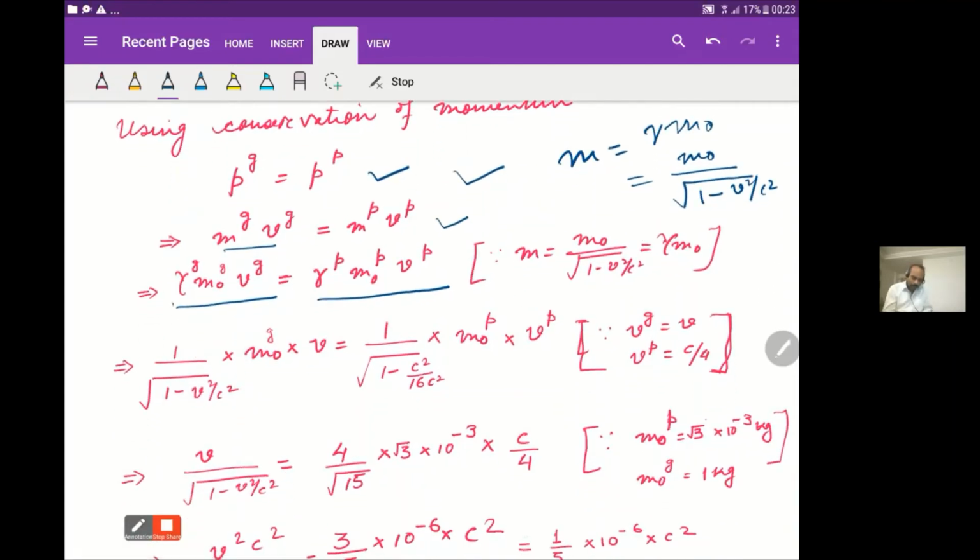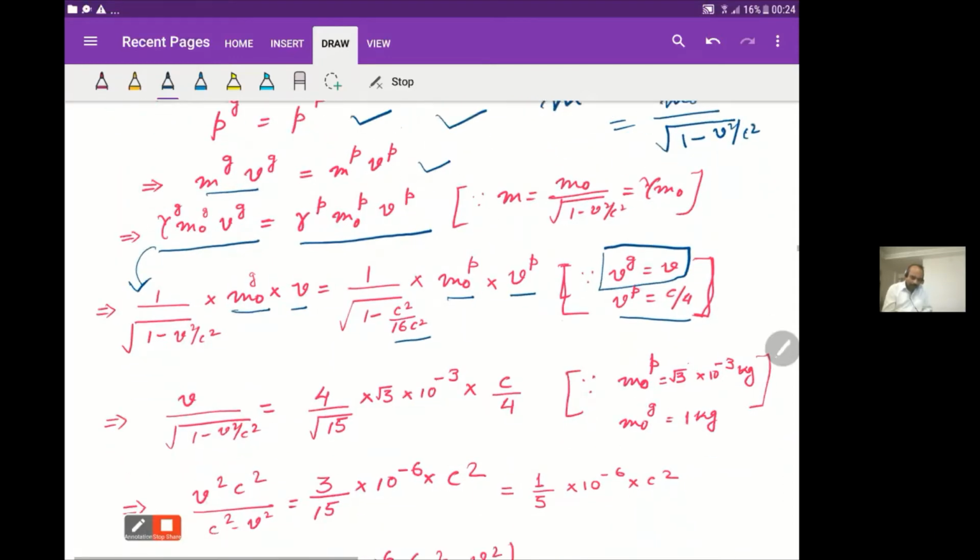Putting the value of gamma for gun, which is 1 by square root of 1 minus v square by c square, because we have assumed that vg is equal to v, times rest mass of the gun times velocity of the gun, which is equal to 1 by square root of 1 minus c square by 16 c square, because velocity of the particle is c by 4, times rest mass of the particle times velocity of the particle.